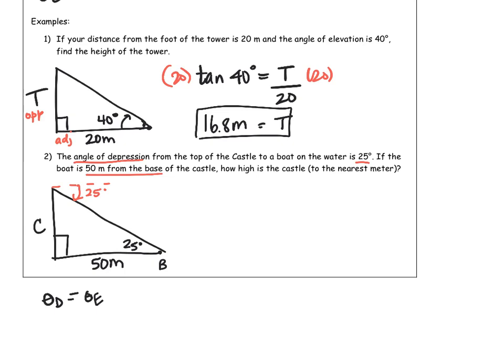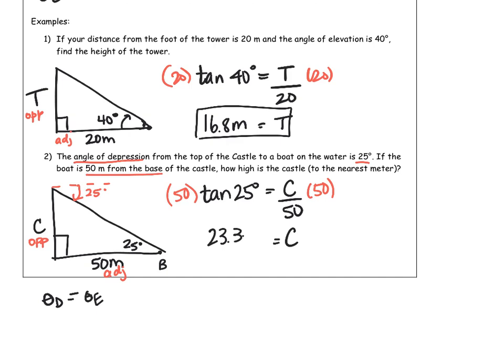I'm going to call it C. So which trig ratio? Again, name them to my 25 degrees. So this is opposite, this is adjacent. So that's going to be the tangent ratio. Tangent of 25 degrees is equal to opposite over adjacent. So times by 50 on both sides. And I end up with the castle being 23.3 meters tall.